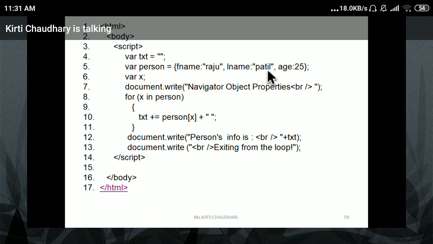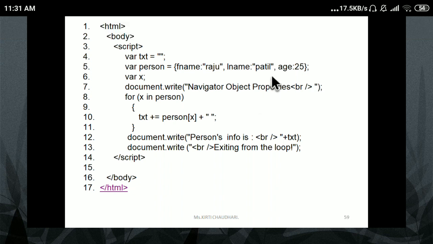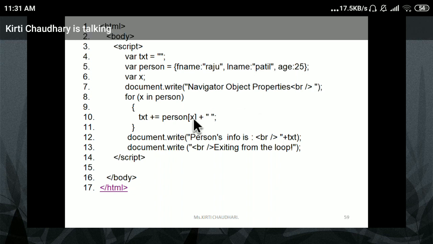It will go and check value. It is Raju, so already Raju is gone. Raju plus, plus means space. Raju space. Then next one is Patil.